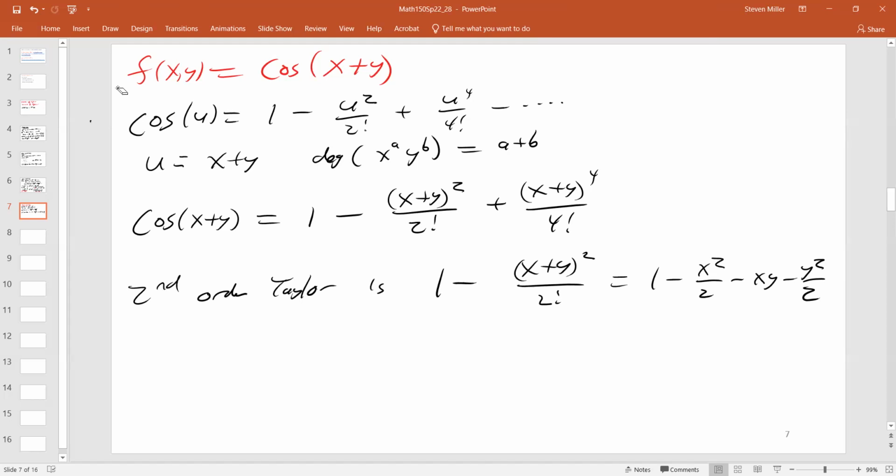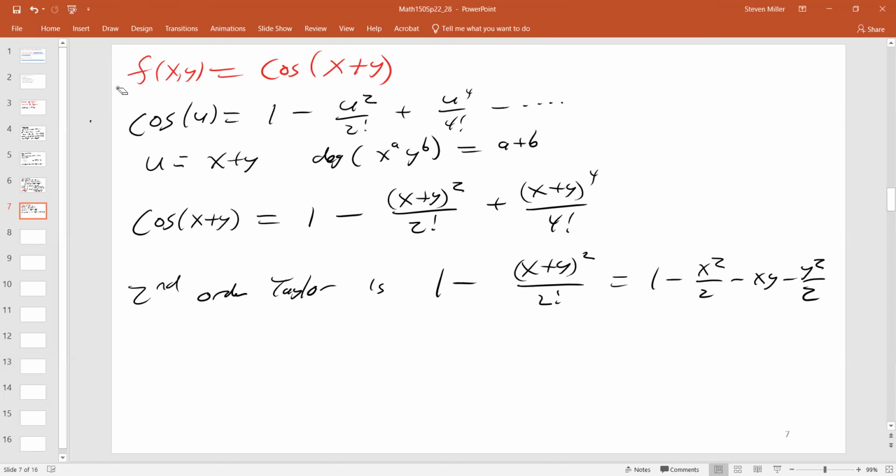And if you think about it, for the Taylor series in one variable, we wanted all the derivatives up to the degree of the Taylor series to equal all the derivatives of the original function at the origin. And so we're going to want something similar to be true when we have a function of several variables.